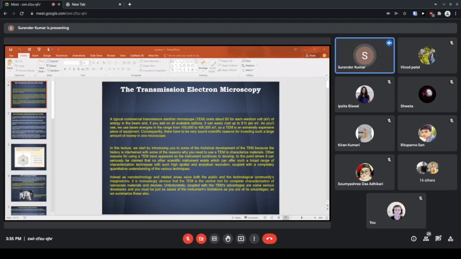But theoretically, for a 100 kilo electron volt electron, the wavelength comes to be 4 picometers, and that is related with the resolution. So you can go to this scale with these electrons.